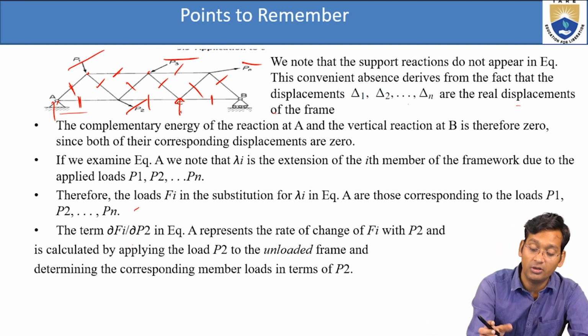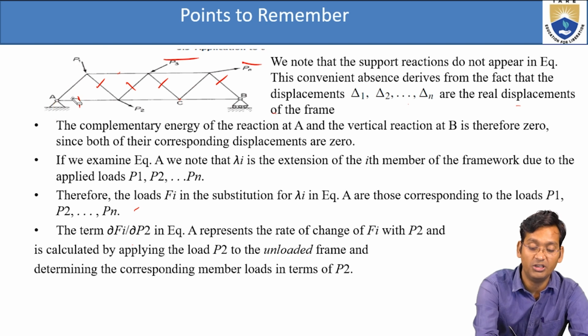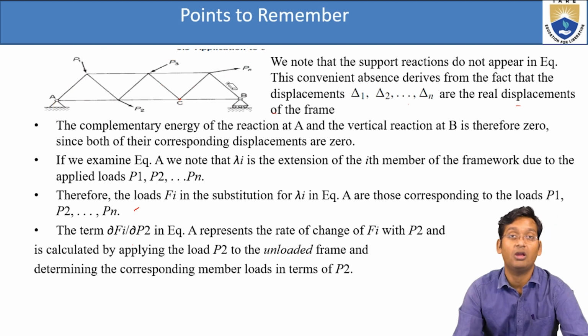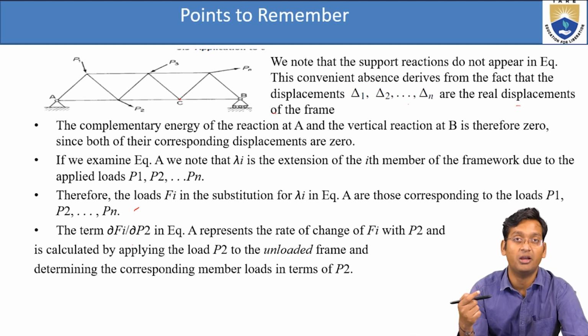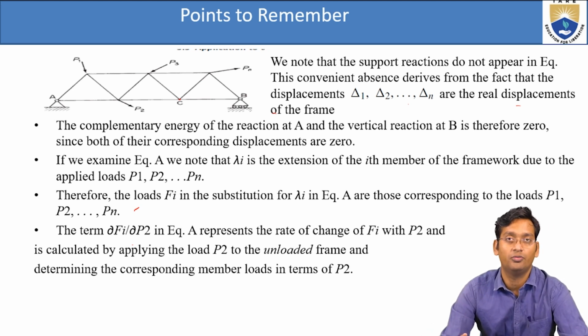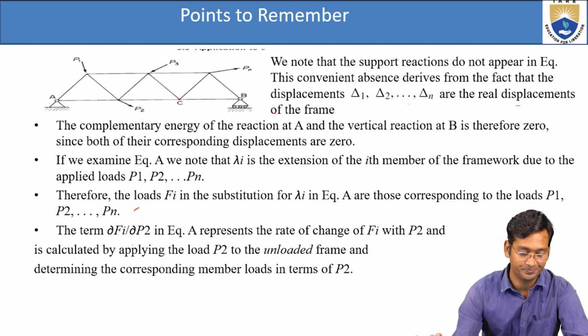Even after practice, this will take a minimum of 15 to 20 minutes, so you have to practice a lot. Depending upon how many members there are, that many times you have to find the length, force, and differentiate, then multiply, and then find the lambda, right? So you have to practice a lot for this type of numerical.